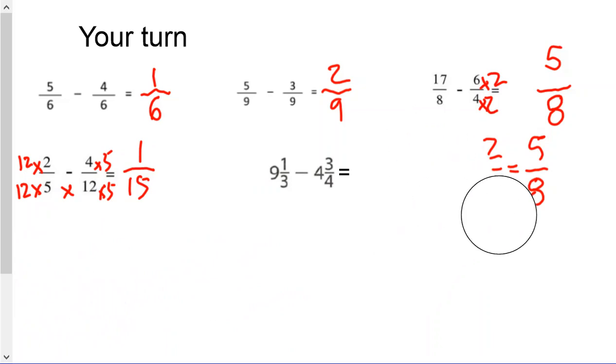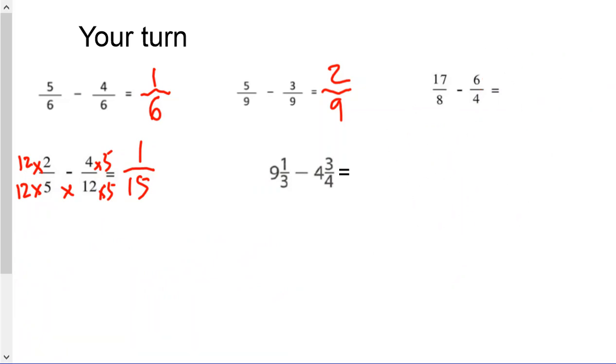Alright, I'm going to erase this so I can have some room to work on this last problem. 9 1/3 minus 4 3/4. Okay, we do not have common denominators, so I know 3 and 4 multiplied together will give us 12. So I'm going to use 12 as the new denominator. So we have 9 plus, actually let me do this up here.